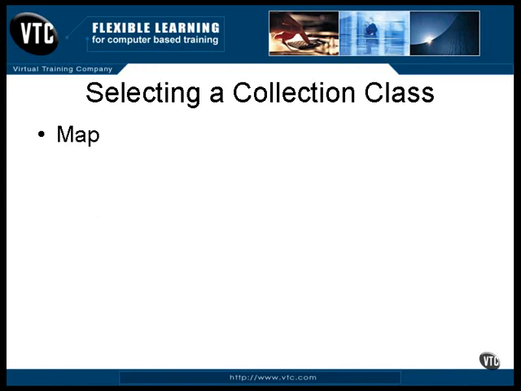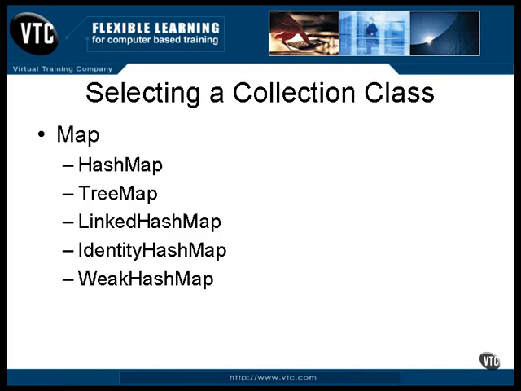The final core interface is map. There are five implementations of the map interface: hash map, tree map, linked hash map, identity hash map, and weak hash map. There is also one historical implementation: hash table. There are more implementations of map than the others, but it's actually easier to choose the right one. A hash map is the most usual.